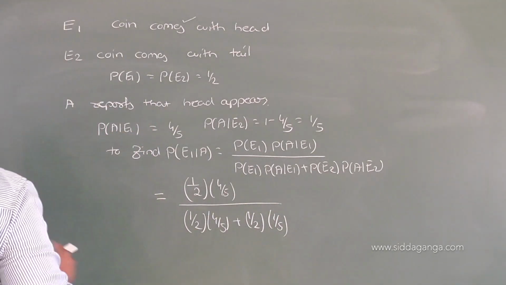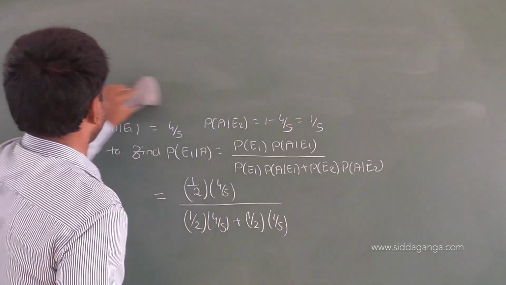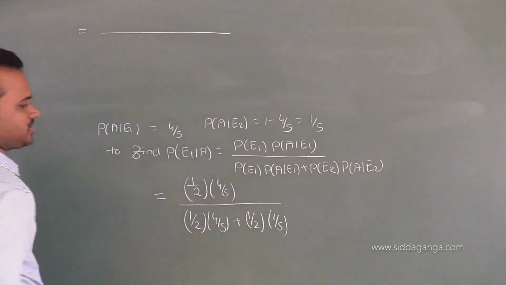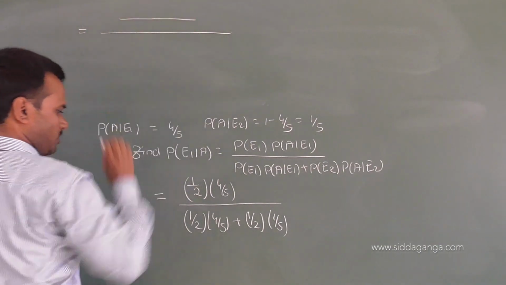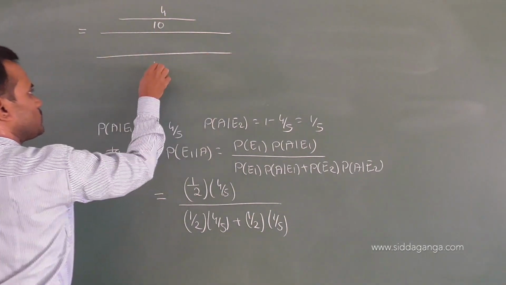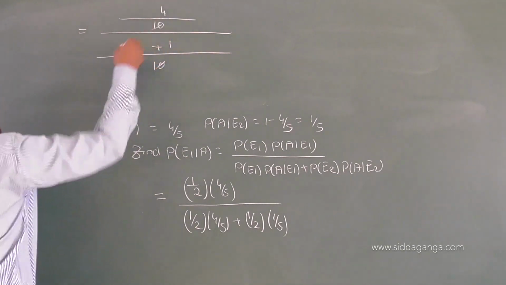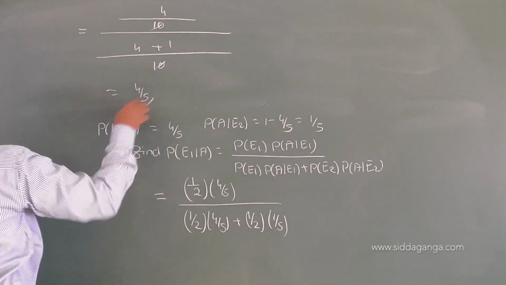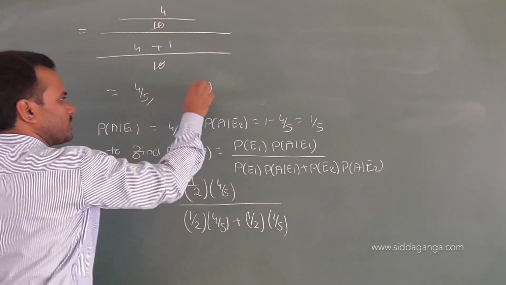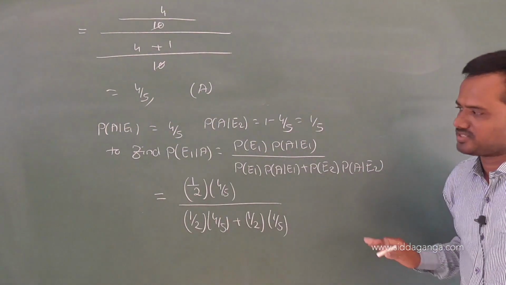The numerator LCM 10, here also 10, 4 plus 1, 10 gets cancelled, answer is 4 by 5. Option A is the correct answer. Very simple question.